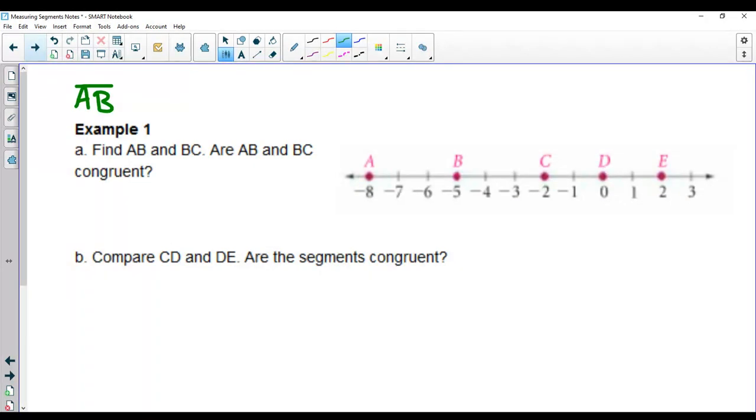This is the name of the segment, segment AB. Right here, because there's no symbol, this means find its length. So we're going to go from A to B and find out how long it is.